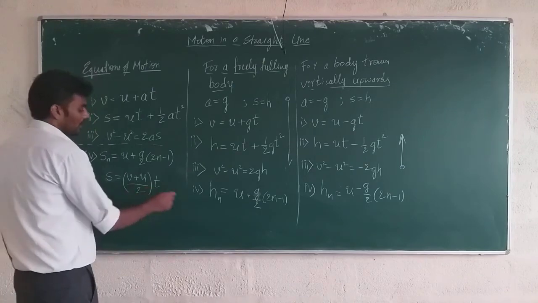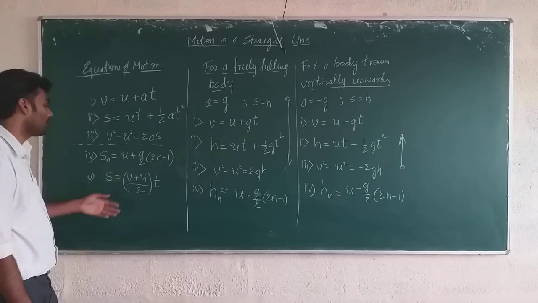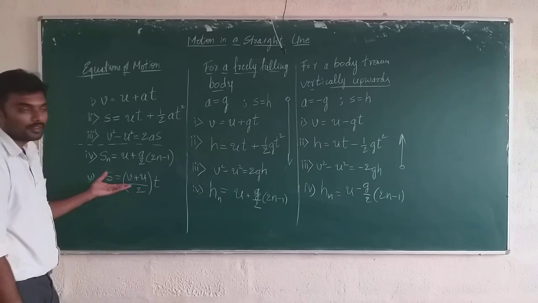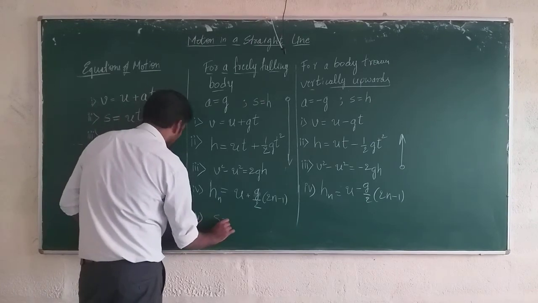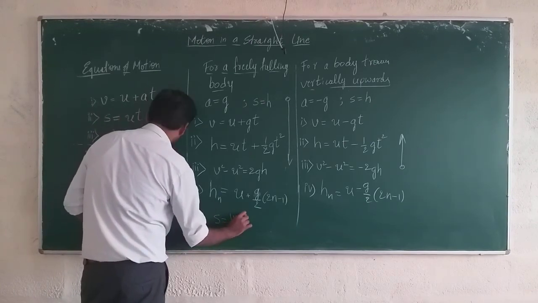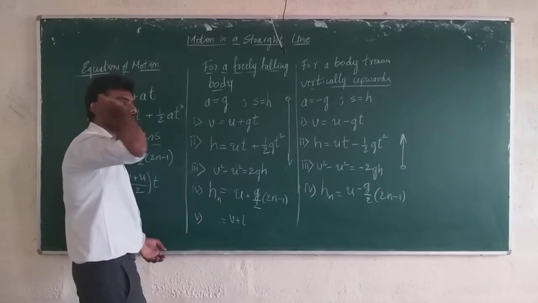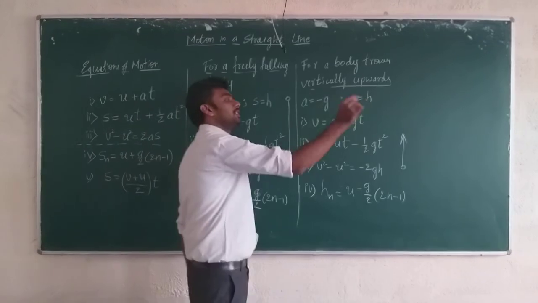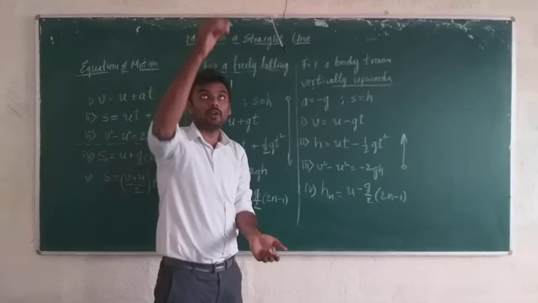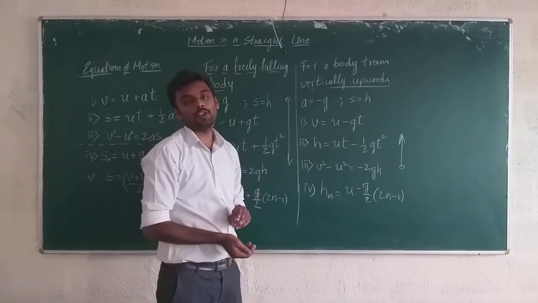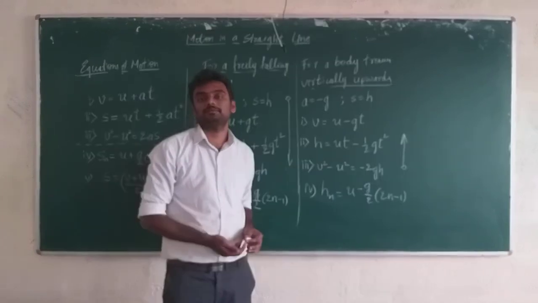And this formula will remain the same for both of them because there is no factor of g or a at all, isn't it? There is no acceleration in this. So it becomes, not s this time, height. When I throw the body like this, it travels horizontally and then we call it the displacement. But when I leave the body, even then it is displacement, but generally in common terms we call it height, right?